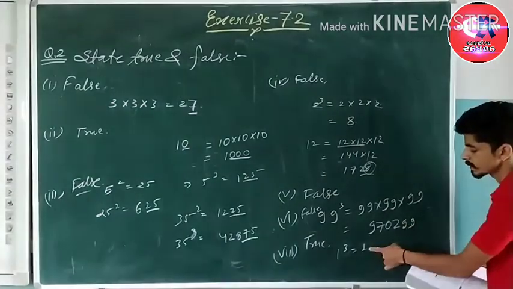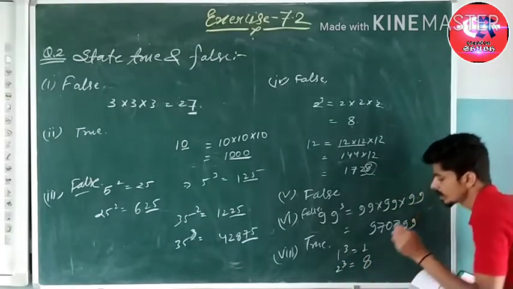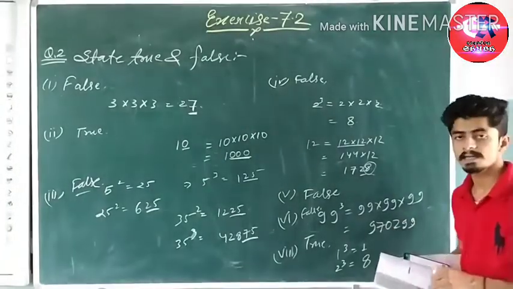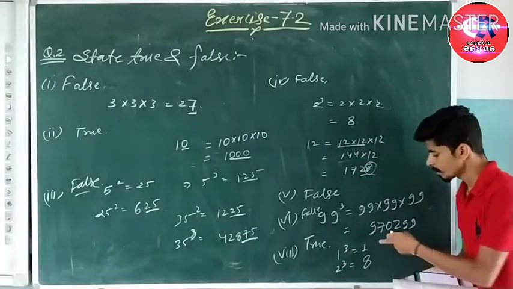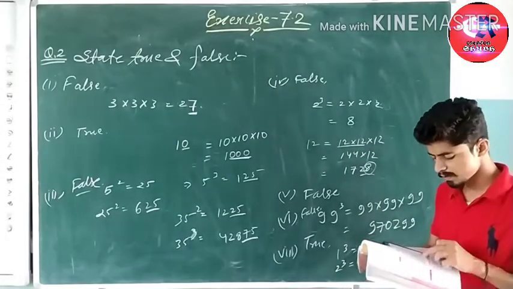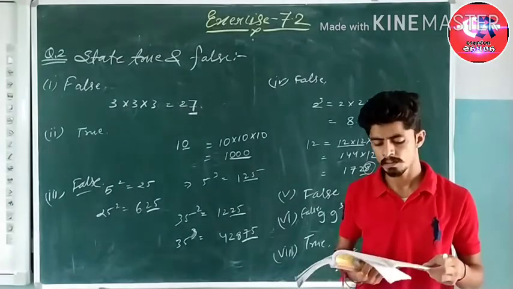So this is also a single digit, and the cube of 2 is equal to 8, which is also a single digit. So this is also an example of that particular statement. So this statement becomes true. So that's all for question number 2.